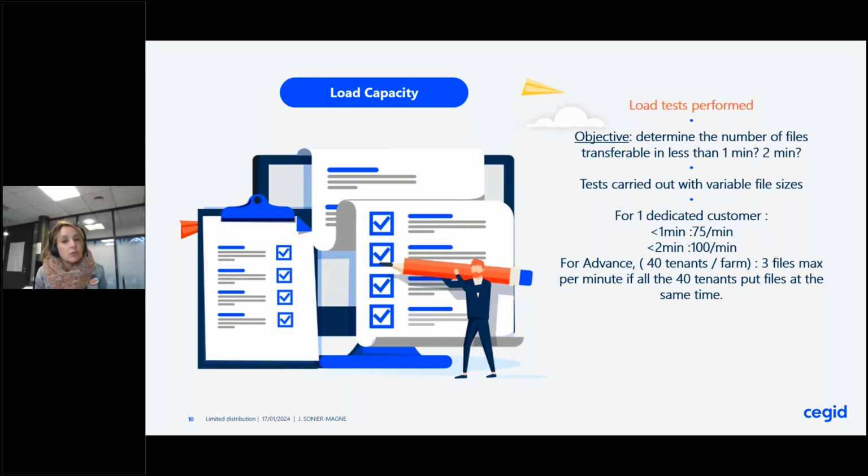After the test, we determined that for one dedicated customer, we will be able to transfer nearly 100 files per minute in less than 2 minutes. And for Advance, as you know, we can host 30 to 20 tenants per farm.